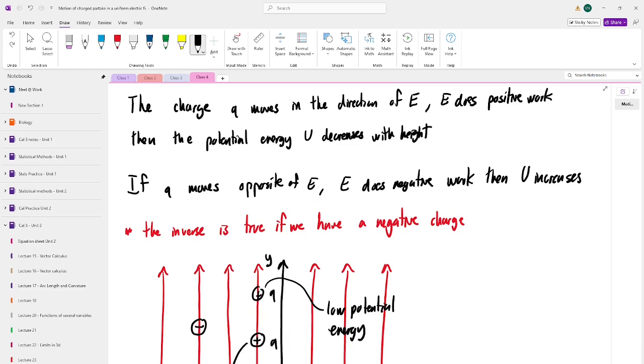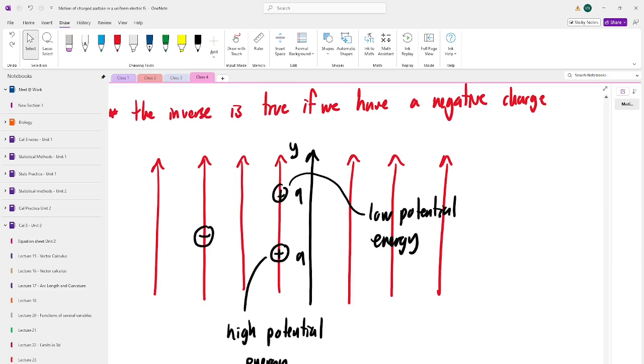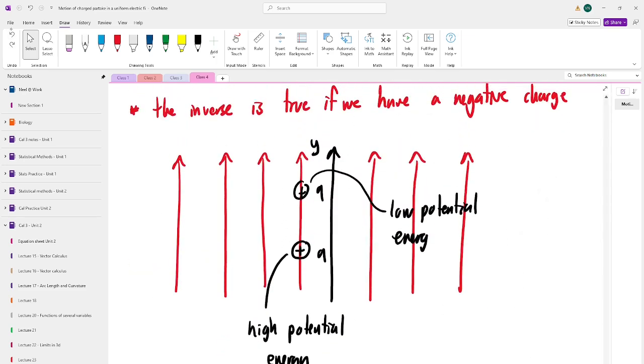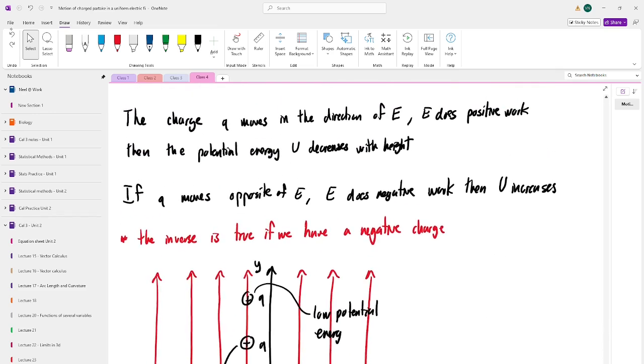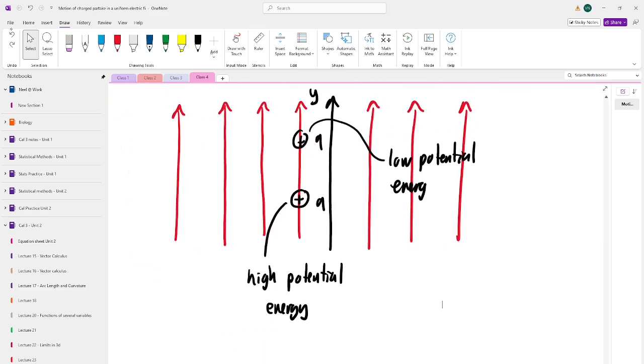And if that's true, well then it's getting farther and farther away from the positive plate, right? So U is decreasing, right? And then if U is decreasing, it's feeling less and less energy from that positive plate. Well, what that means is E is doing positive work on it, right? The field is the thing pushing it in that direction. So that's that.